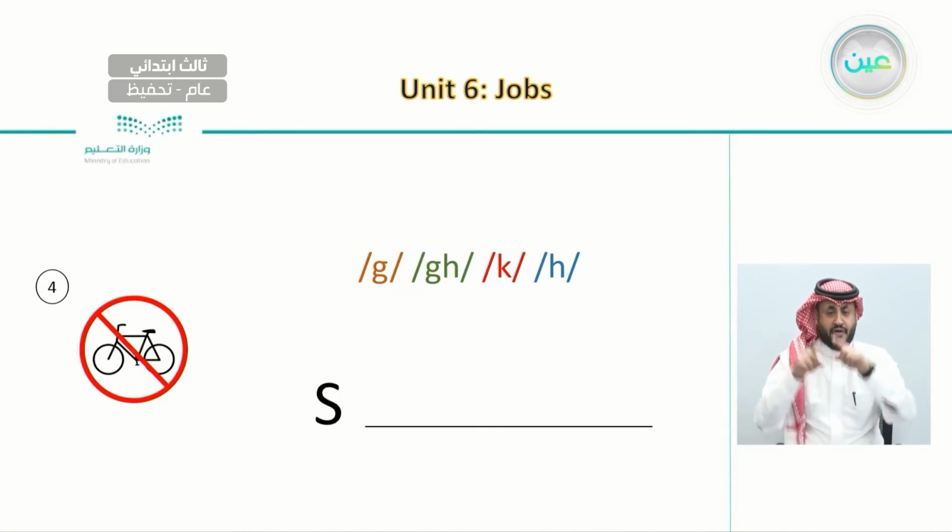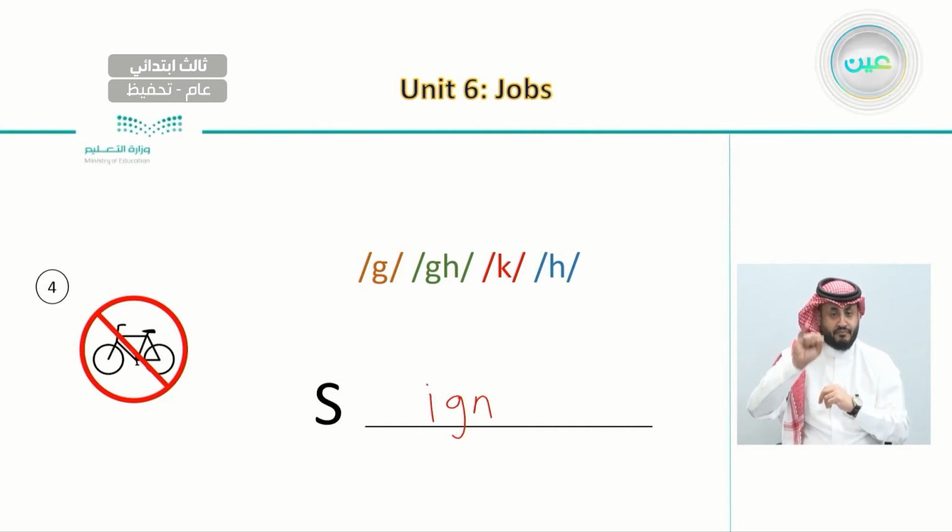So here we have this picture, and we have a word that starts with S. And I believe, by looking at this picture, you already know what the word we're going to write. So, the word is sign. The word is sign.